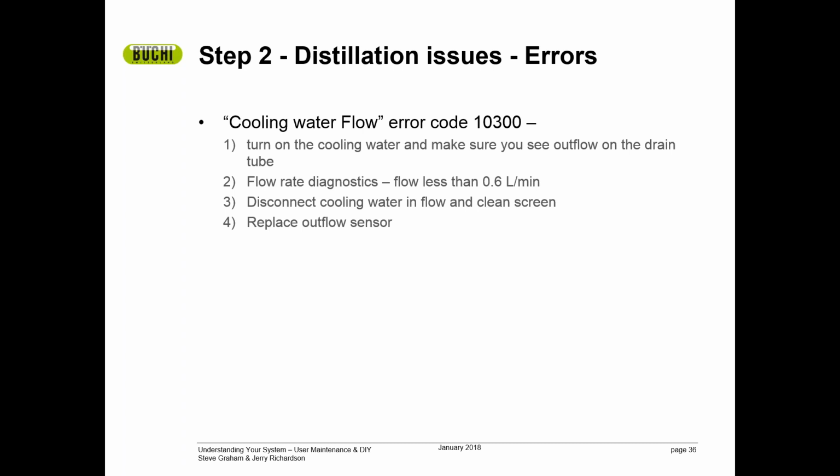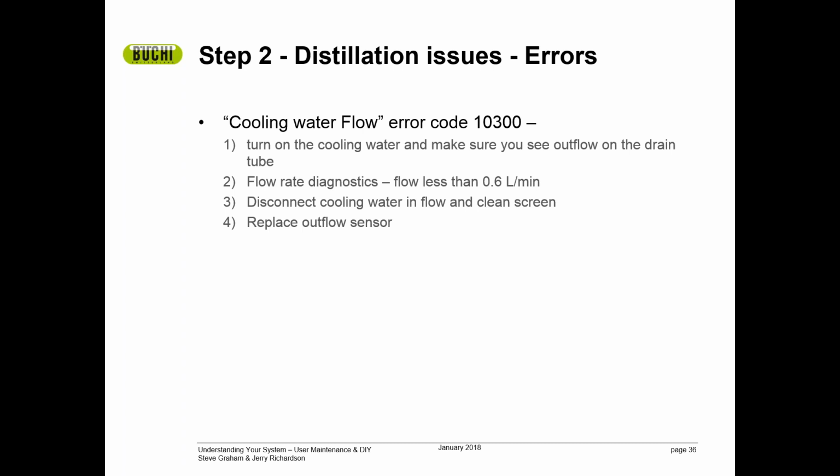Turn off your cooling water, go to the back of the instrument where the cooling water inlet is, unhook the cooling water inlet, and you will find a screen where the cooling water comes into the system. If you're using tap water, it is quite common after many years of use that you need to clean that screen off so that you get adequate flow.